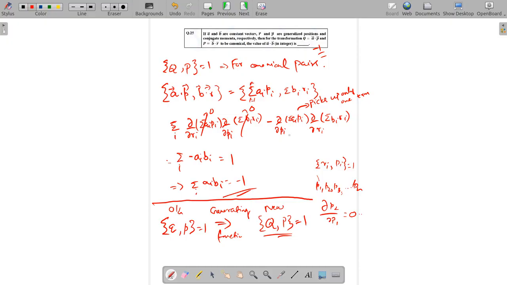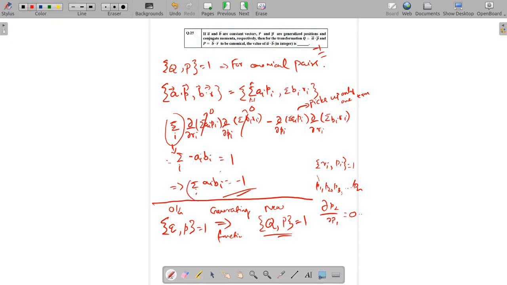So in this summation there will be only A_i, and you also get B_i. So the sum over A_i B_i equals minus 1.